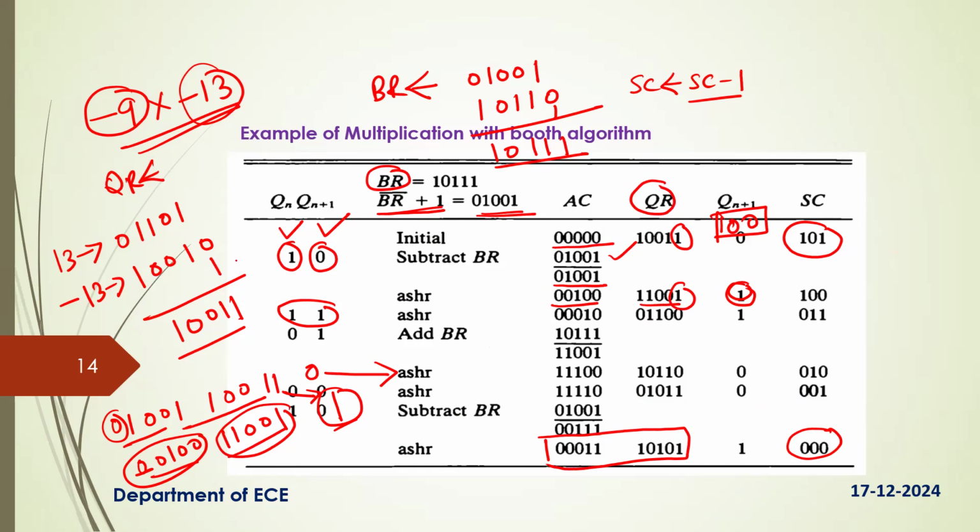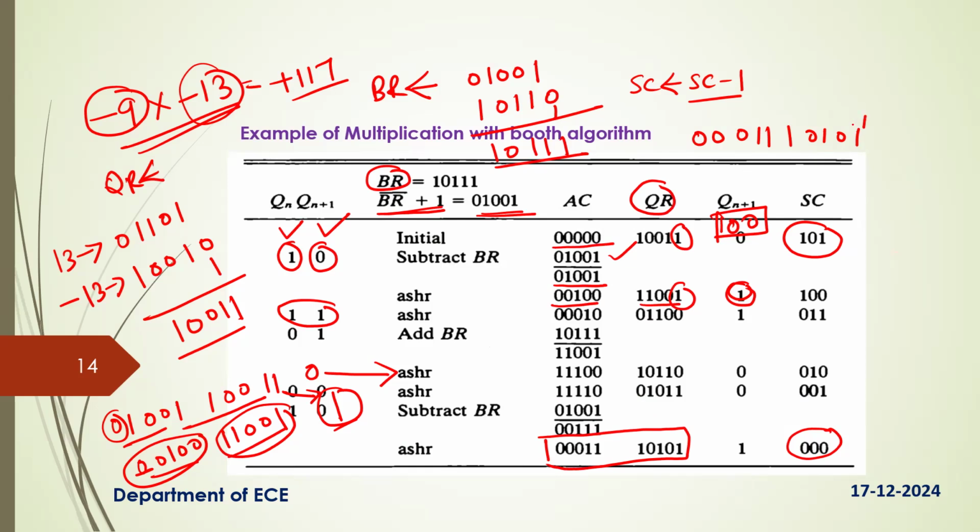Now what is the final product? What is -9 into -13? +117. So what is the result in AC? 0, 0, 0, 0, 1, 1. Next here 1, 0, 1, 0, 1.